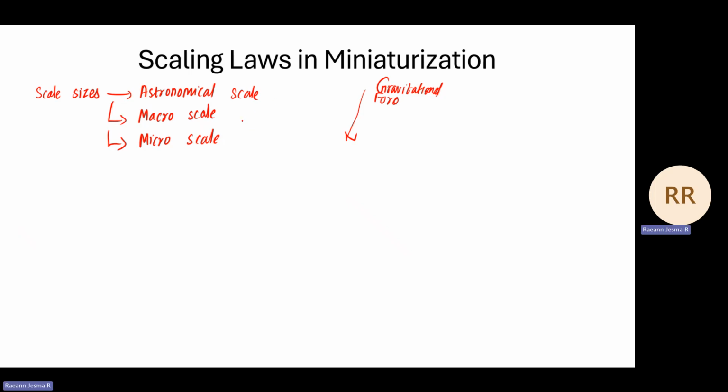Then, if we are considering macro scale motors, there we use magnetic forces for actuation. But we do not see any micro scale motors where we use magnetic forces for actuation. Instead, we use electrostatic forces for actuation. So why do we do this? This we will see shortly.